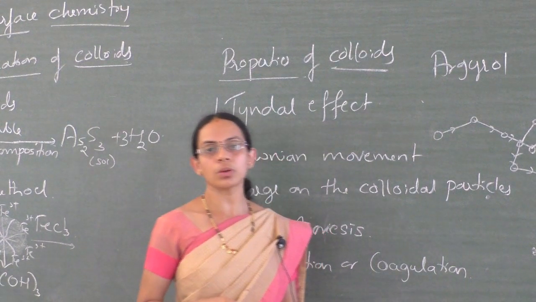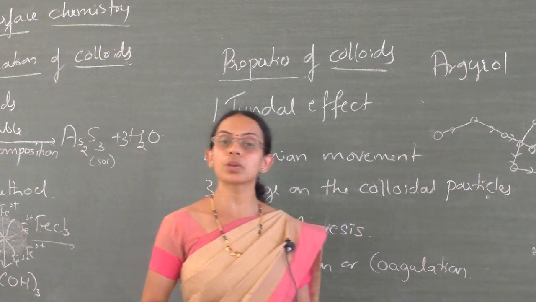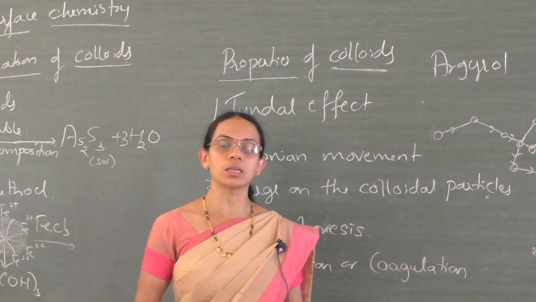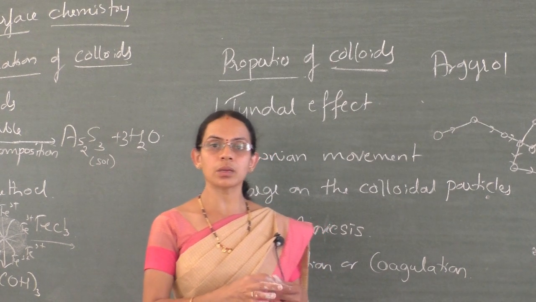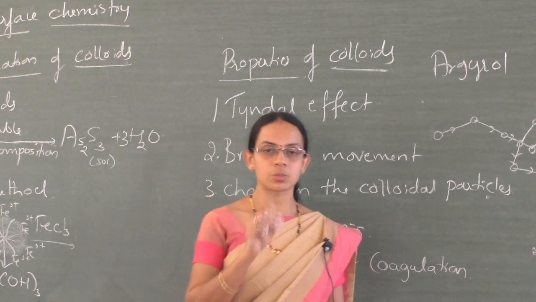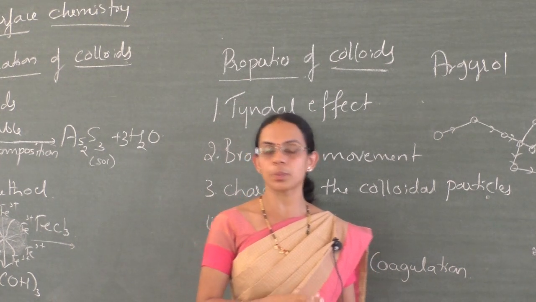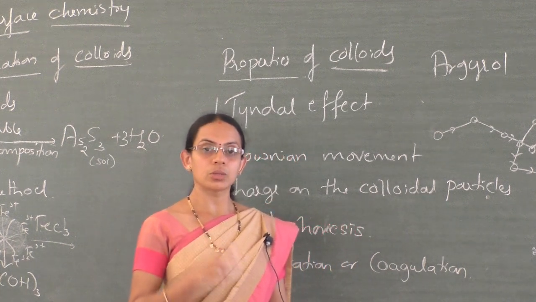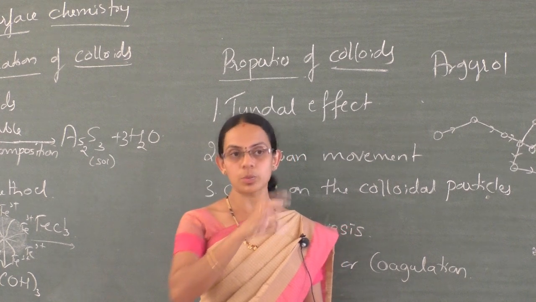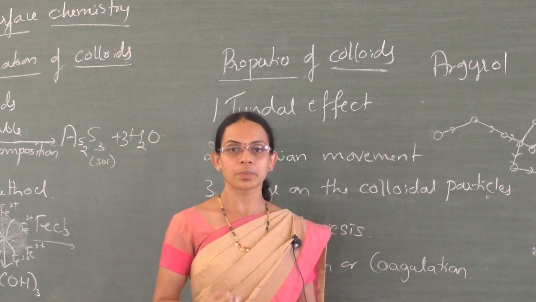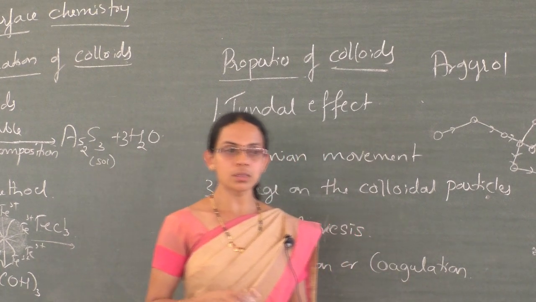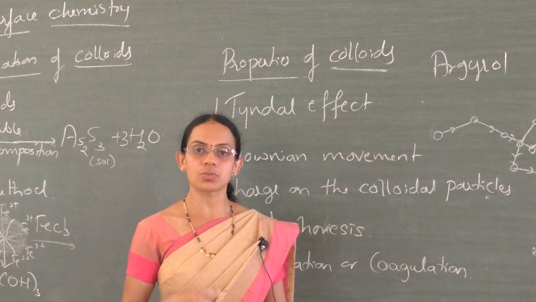And also one of the important applications is in the purification of water. Water obtained from any natural source contains suspended impurities. Suspended impurities means it is not completely soluble in water, but is present as minute particles which cannot be separated by filtration. If potash alum or a double salt is added, all the suspended impurities settle down, and we can easily separate them by filtration. And this is an important application of colloids.